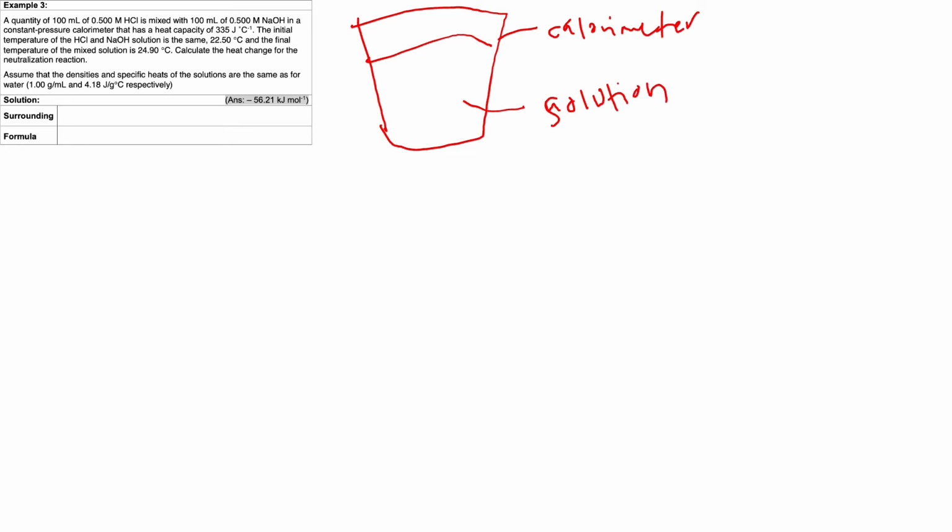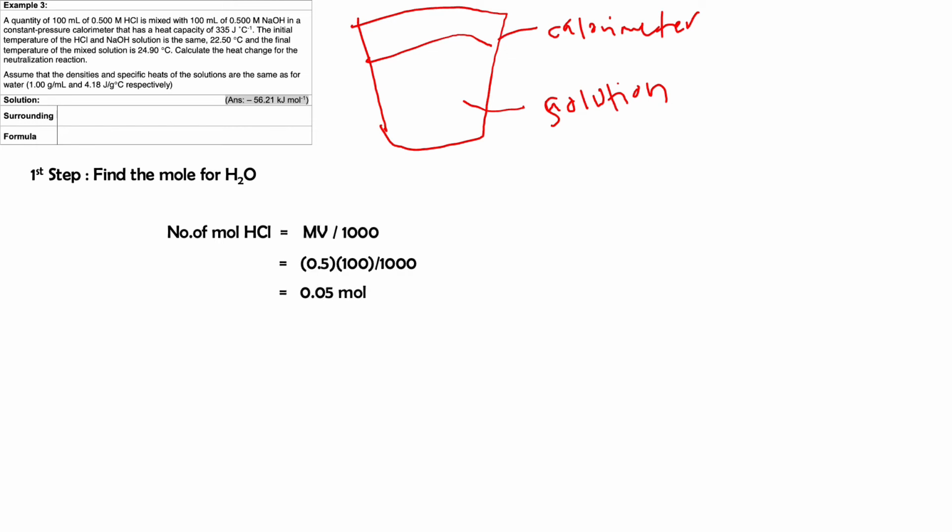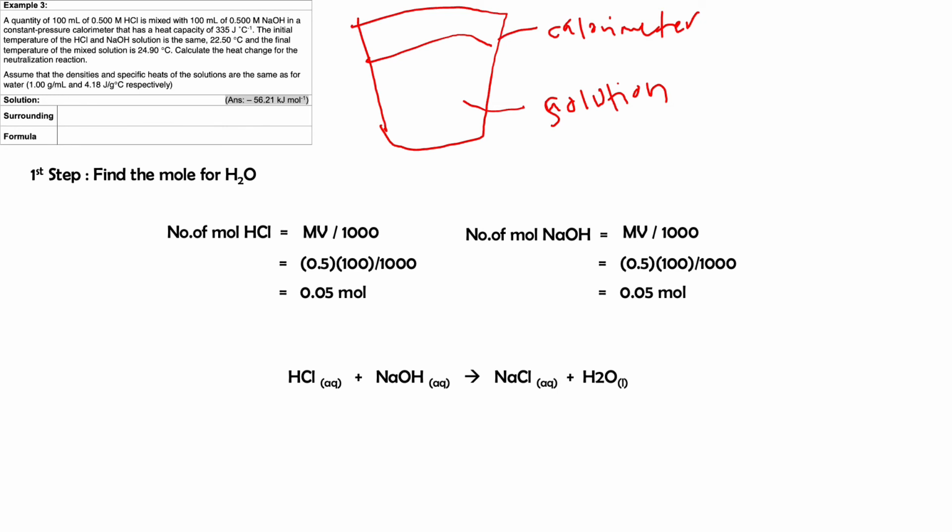So how are we going to solve these questions? As usual, first thing we have to find is the mole of H2O, by finding the mole of HCl. So we get 0.05 mole. Don't forget to find the mole of sodium hydroxide. And we are going to get the same thing, 0.05 mole. And as we know, in this reaction, it is always a ratio of 1 to 1.